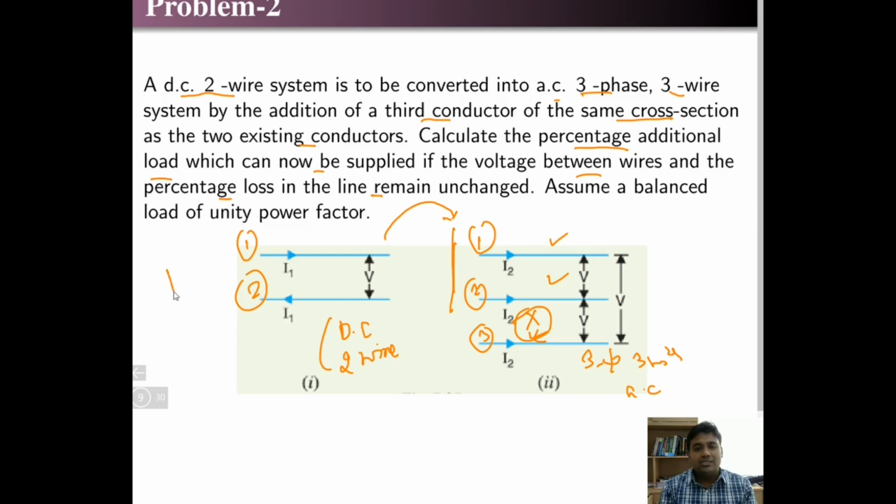So we have to get the same voltage and the same percentage loss. Assume that the system is balanced and the load is at unity power factor, so cos phi is equal to 1.